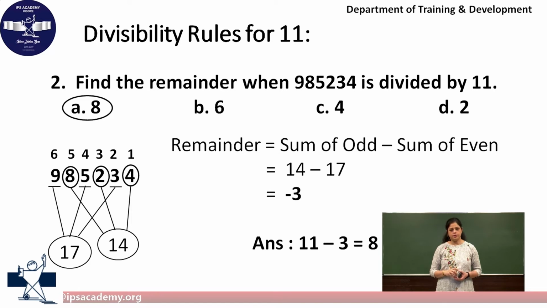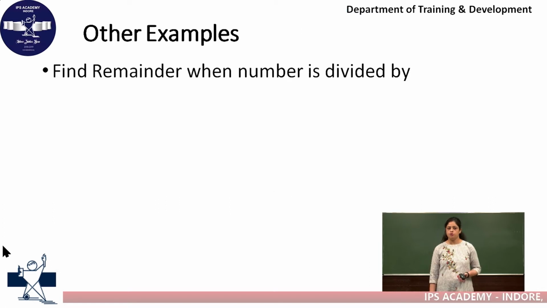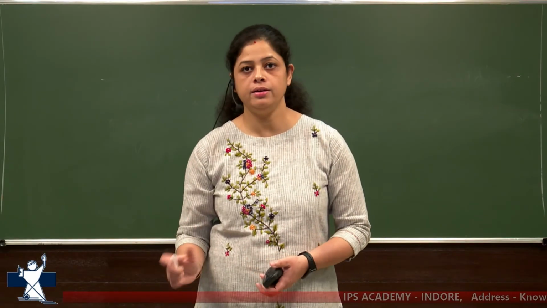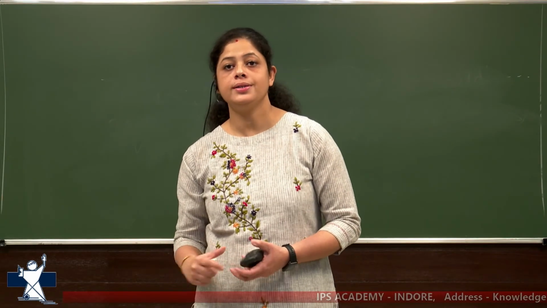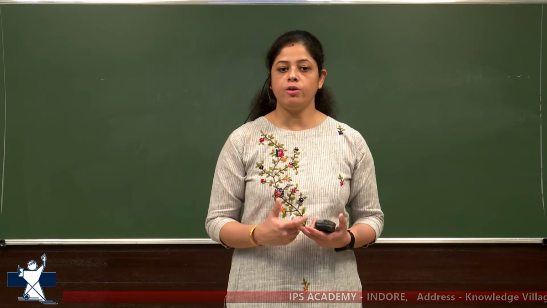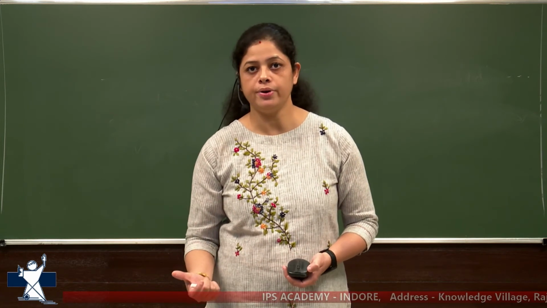This is much faster. If you actually perform division by 11, it will take more time than this method, because if you practice more, this is a much quicker method. So what if some random examples come, where any random number is divided by any random number, then what is the remainder? Because every time we cannot remember shortcuts for each and every number, right?